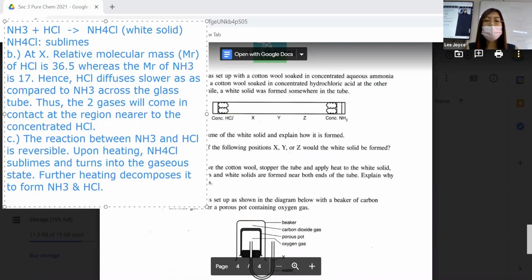Both ends of the tube will be cooler, right?